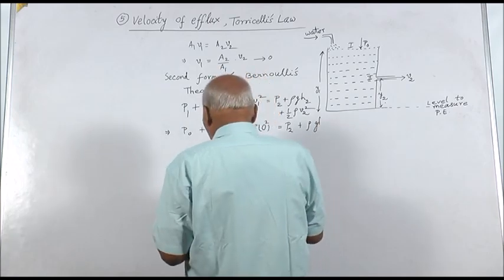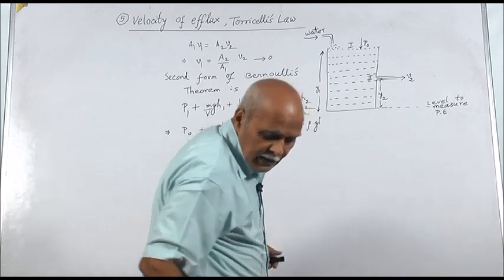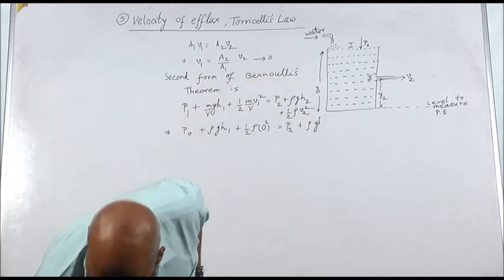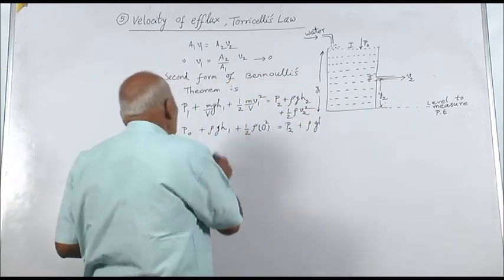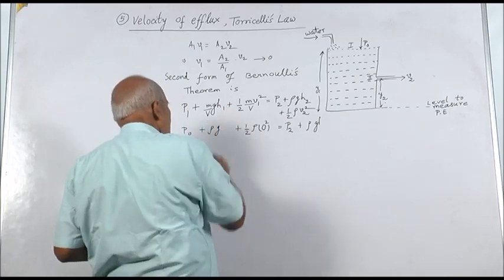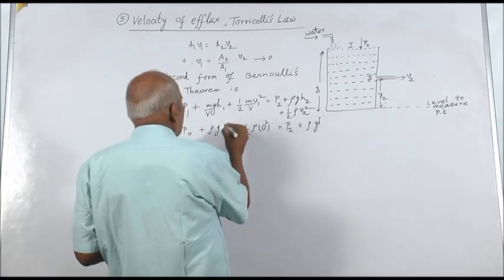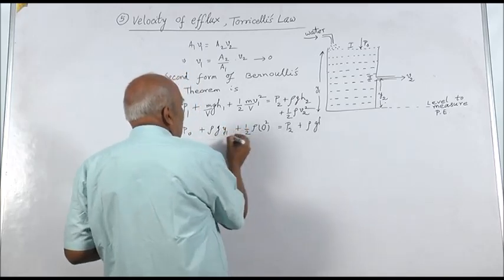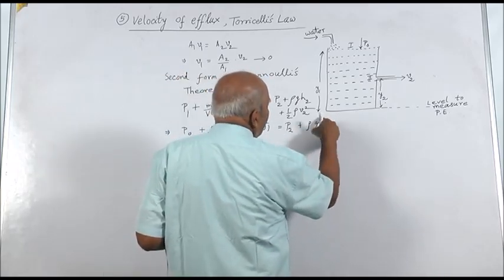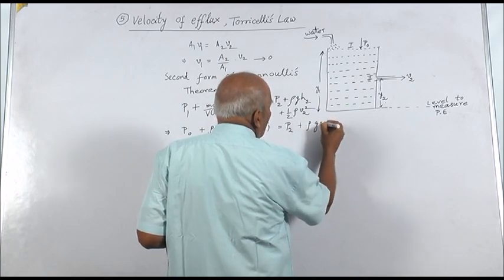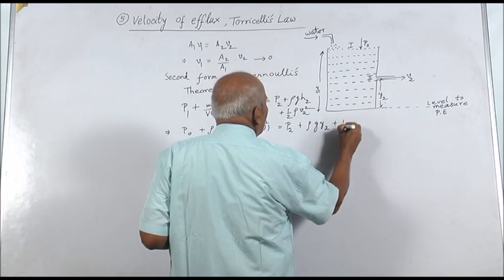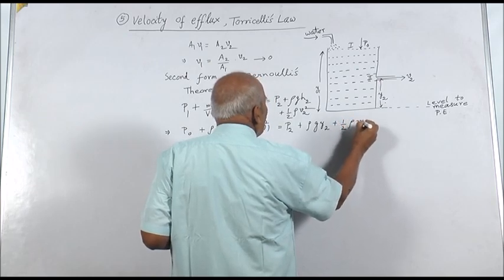For h1 we can write Y1, and for h2 it is Y2, then half rho V2 square.